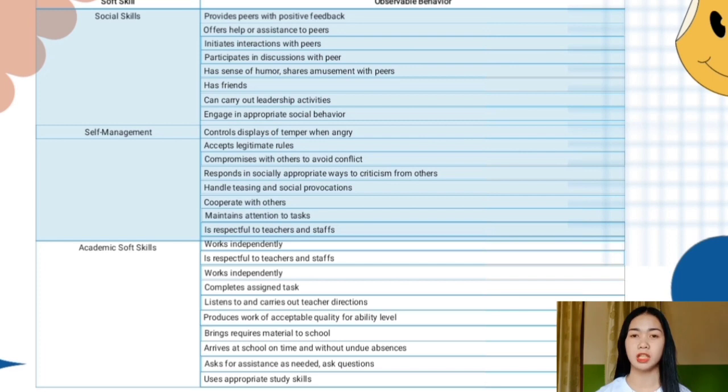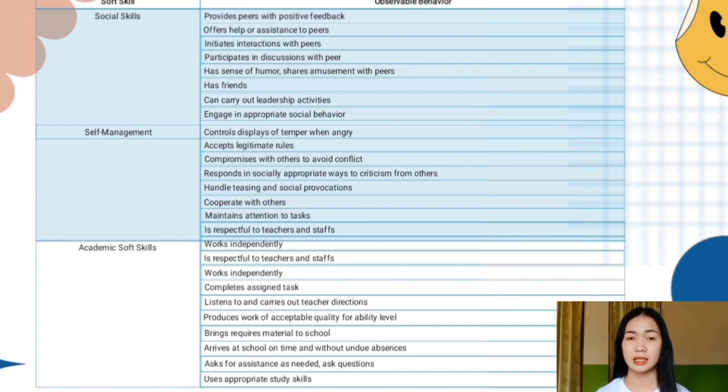Second is self-management. The observable behaviors are controlled displays of temper and anger, accepts legitimate rules, compromises with others to avoid conflict, responds in a socially appropriate way to criticism from others, handles teasing and social provocations, cooperates with others and maintains attention to tasks, and is respectful to teachers and staff.